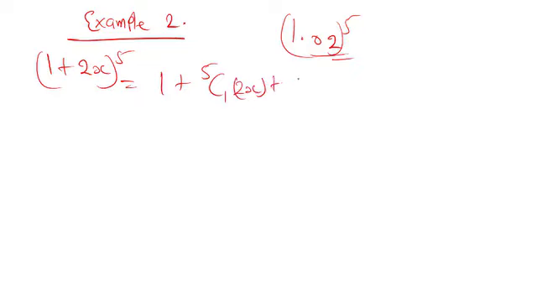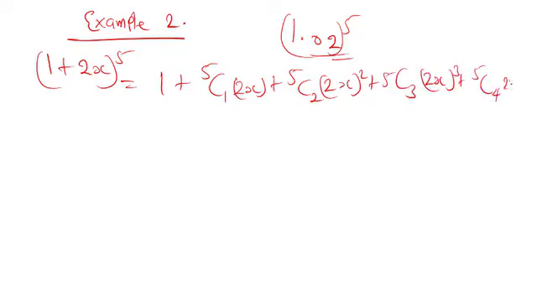Then you now do the next one, plus 5 combination 2, 2x raised to the power 2, plus 5 combination 3, 2x raised to the power 3, plus 5 combination 4, 2x raised to the power 4, and lastly plus 5 combination 5, 2x raised to the power 5. Remember what I told you? I said when you get a situation whereby the value of your n and r is equal, that's we have 5, 5, then this should be the end point of your combination.